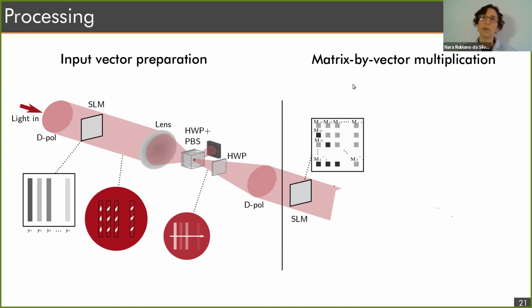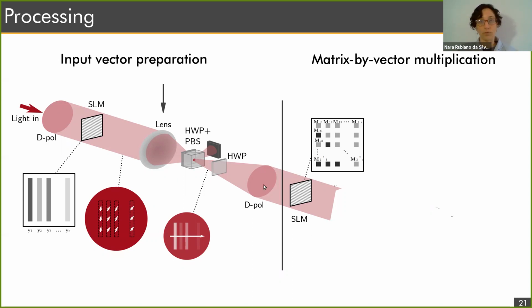These matrix elements are the binary matrix in our algorithm. The lens here, I haven't told you about that yet, is placed in a way that we can image very well the light in between these two planes, the planes of SLM1 and SLM2. This is important so we can ensure a nice spatial overlap between the two masks.